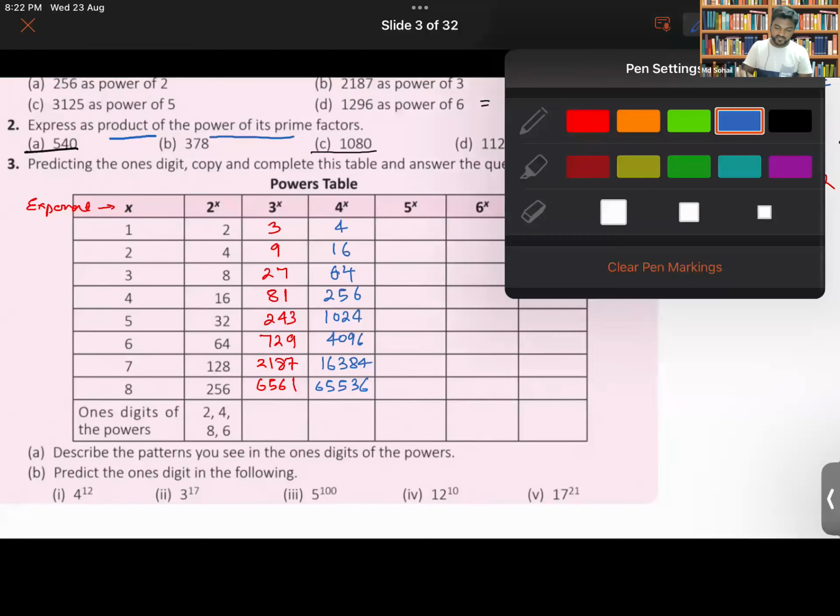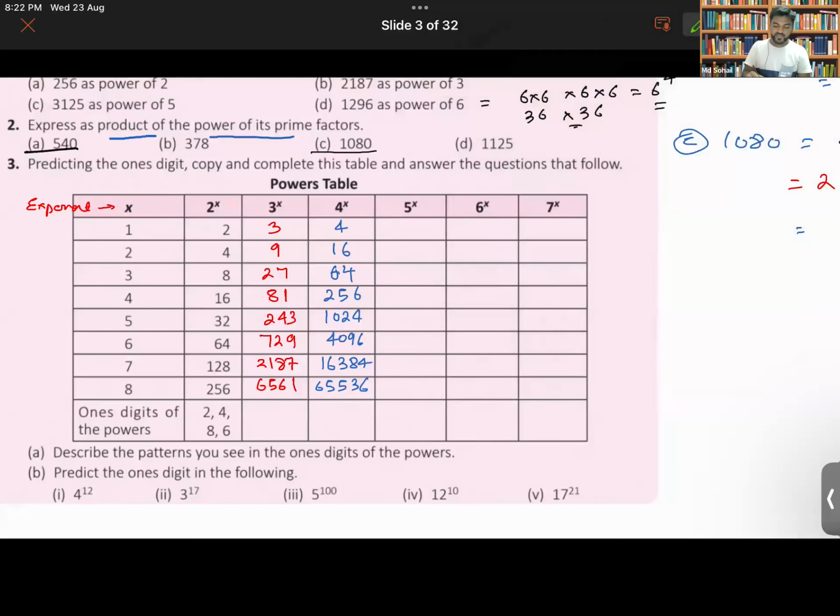Now let's write for another number, 5. So it's 5, then 25, then 125, then 625, then 3125, and then 15,625.